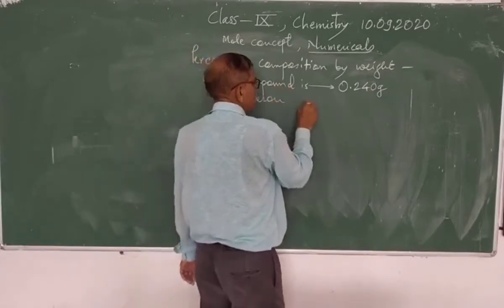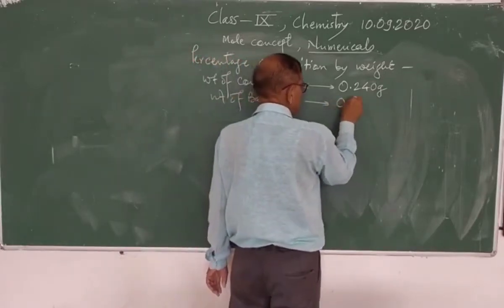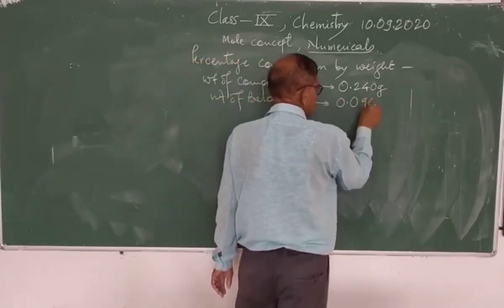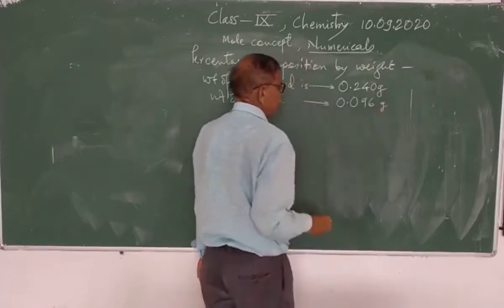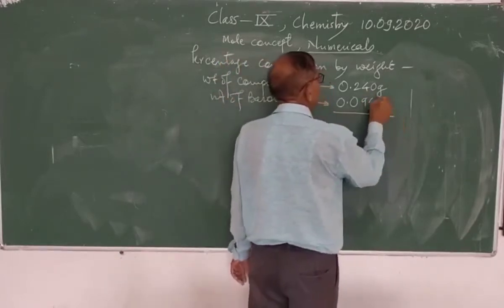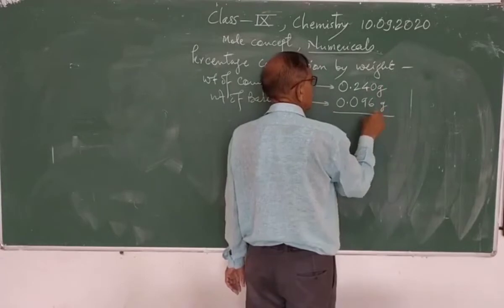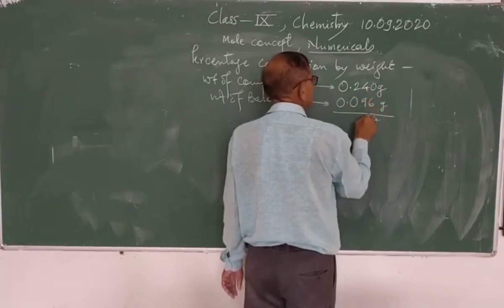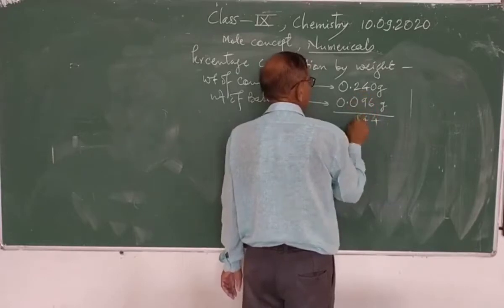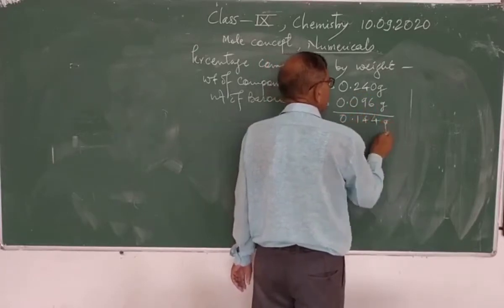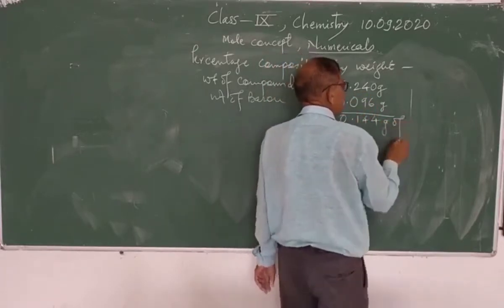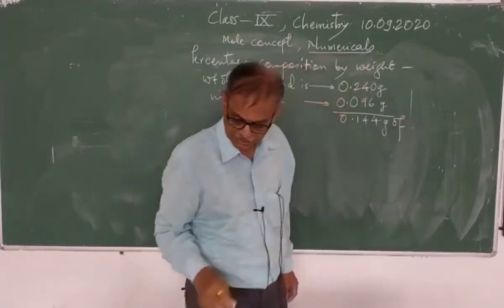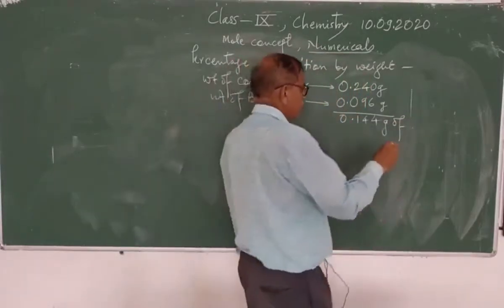Weight of boron is 0.096 gram. And this is the gram of oxygen.